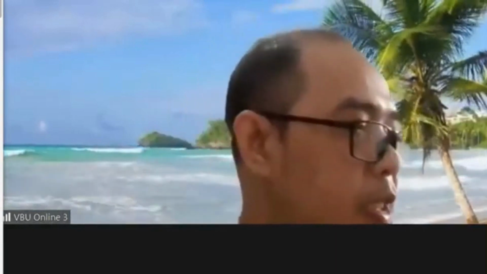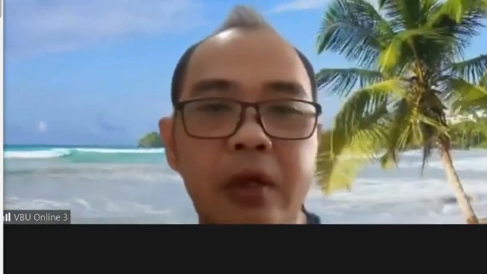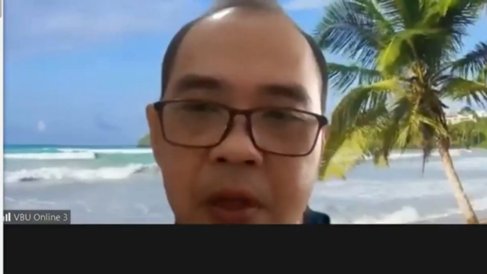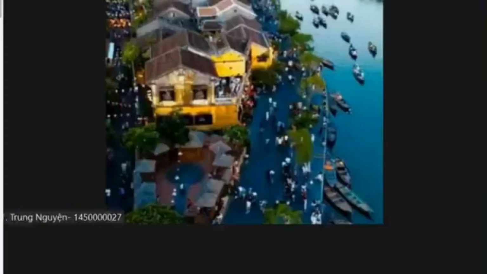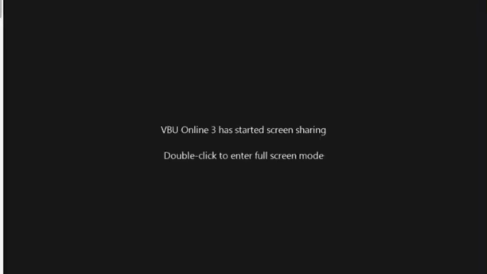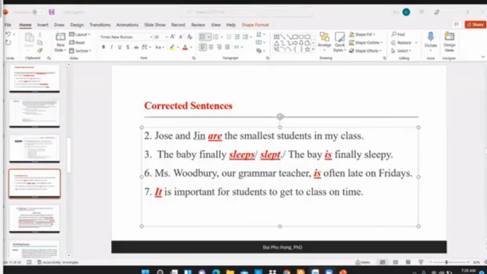Right. Editing practice. Find and underline 5 fragments in the following paragraph and then correct each one. Dạ, màn hình bị mất rồi thầy ơi. Yeah, okay. Oh, sorry. Được chưa?